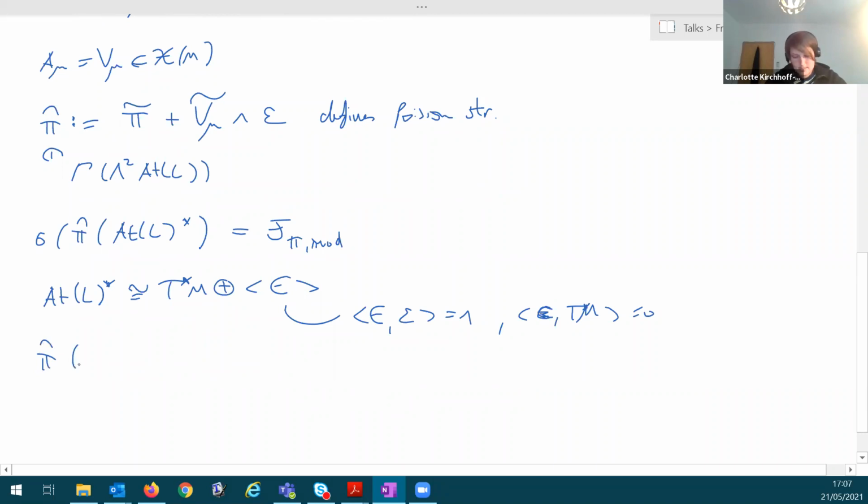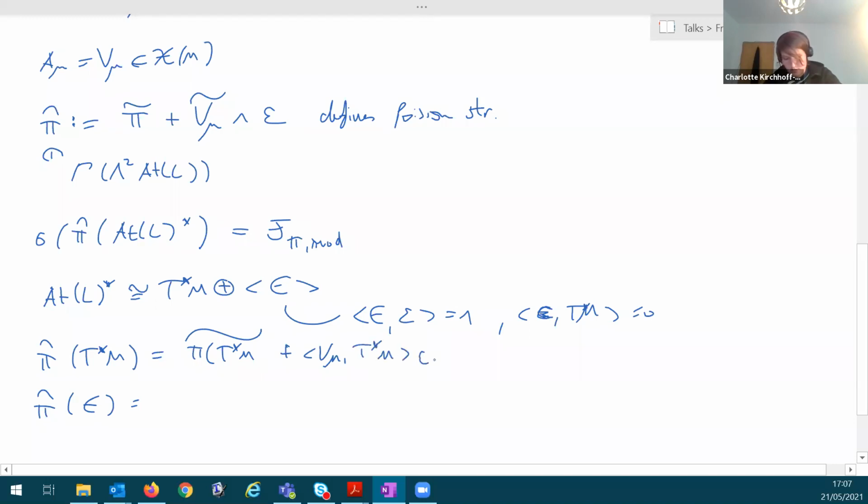And then if we plug these two components into pi hat, this is what we get. So you can see that when in turn we project this down to Tm, which kills the Euler vector field, so the second part goes away, then the image of this will precisely be the modular foliation. Okay.